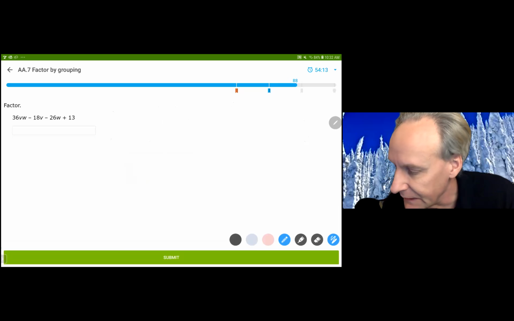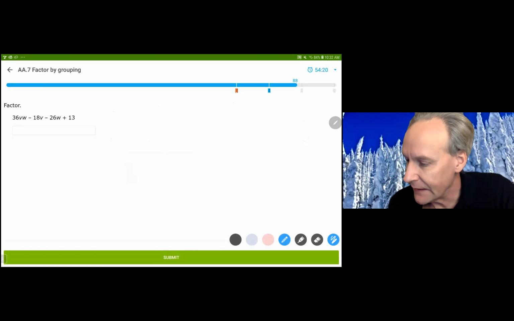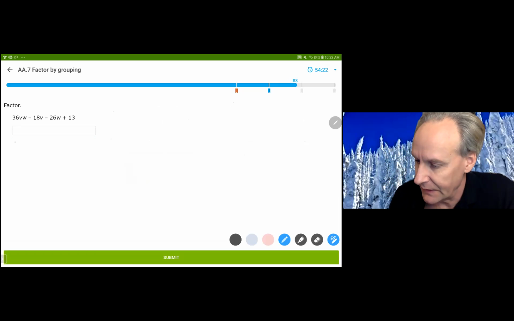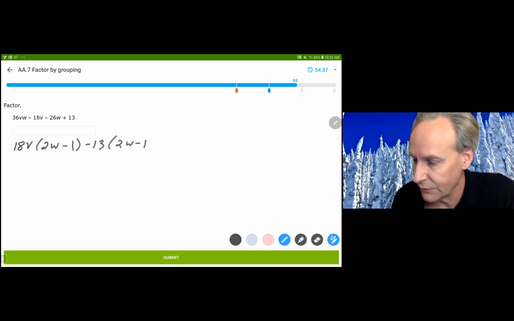Okay, let's see here. Looks like it's in the right order. No nice common factors. So let's take the 18v out of the first pair. Taking out an 18v leaves me with 2w minus 1, doesn't it? And taking out a negative 13 leaves me with 2w minus 1.